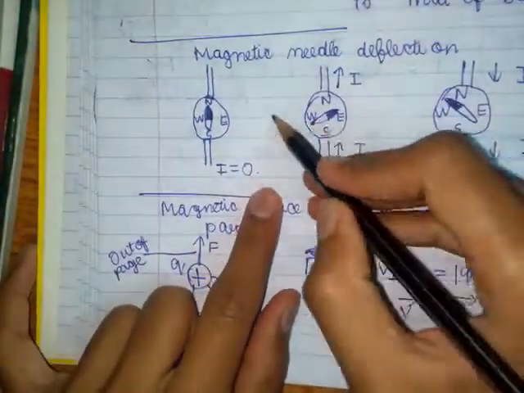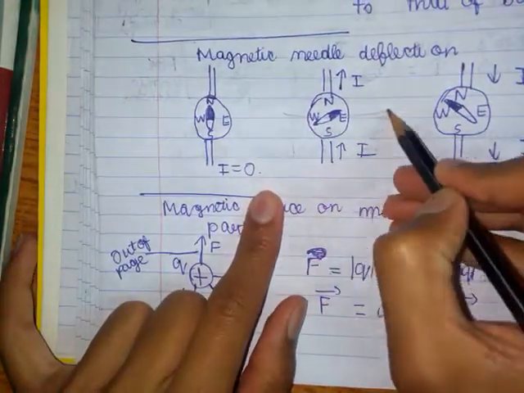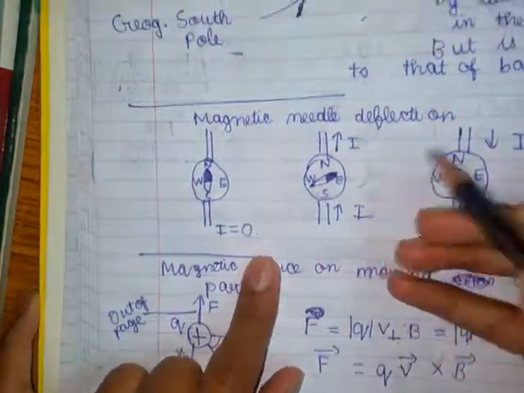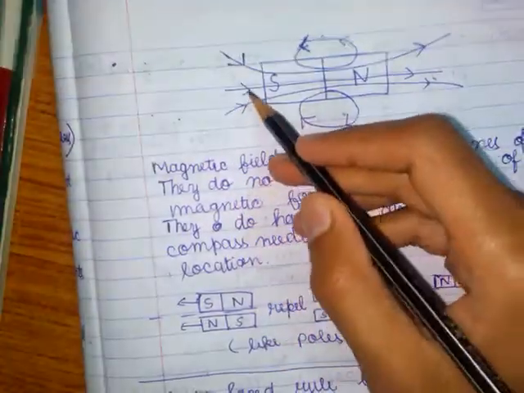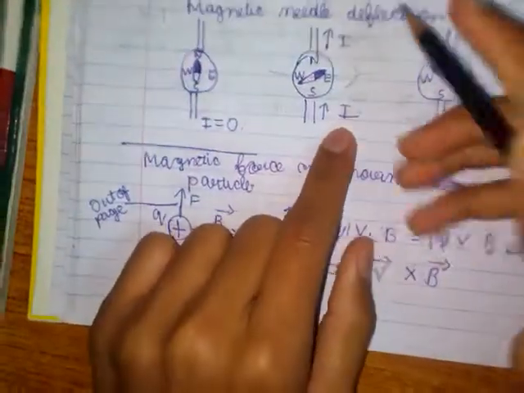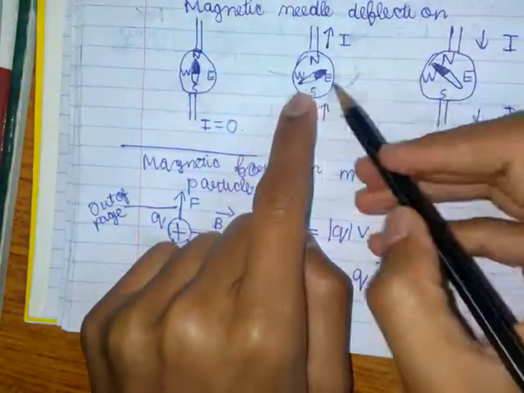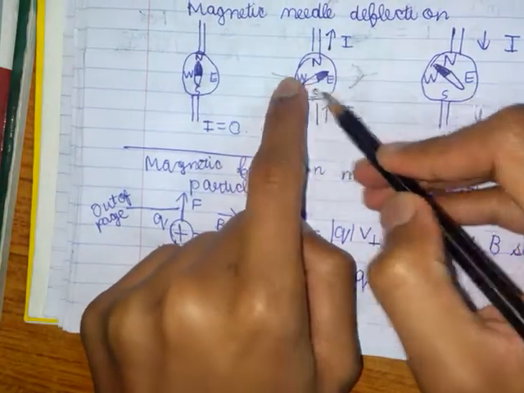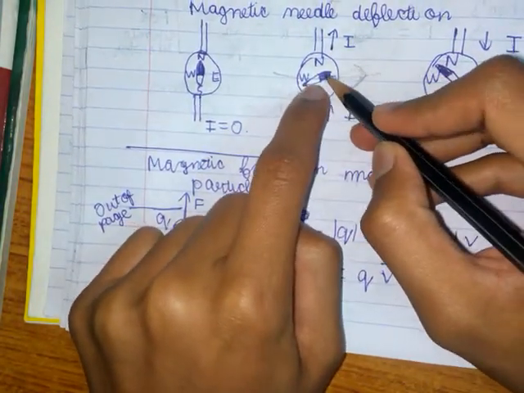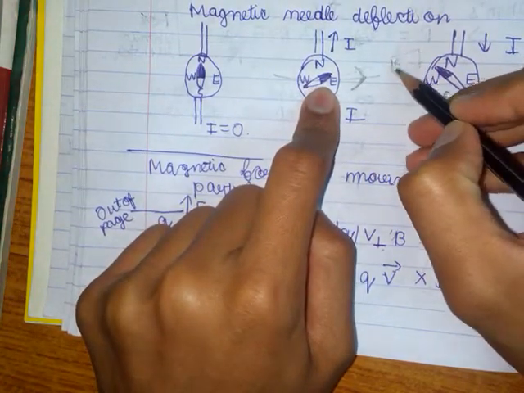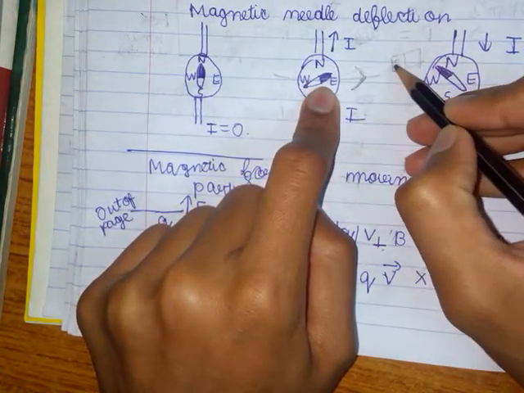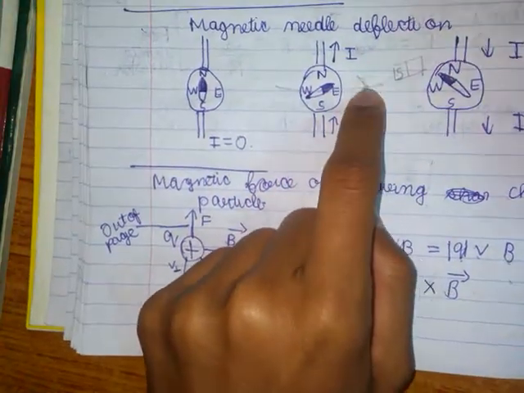When the field is like this, say in this direction, well, actually in a bar magnet you can see that the field lines go towards the south pole. So here also, since the magnetic field is in this direction, the compass needle will actually feel as if there was a south pole here, so that the field lines go into the south pole.